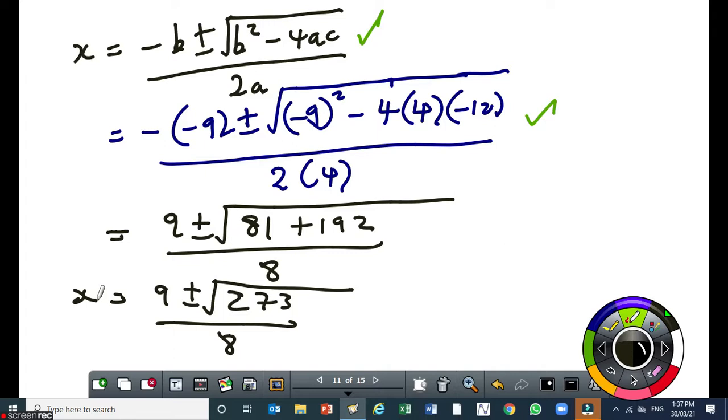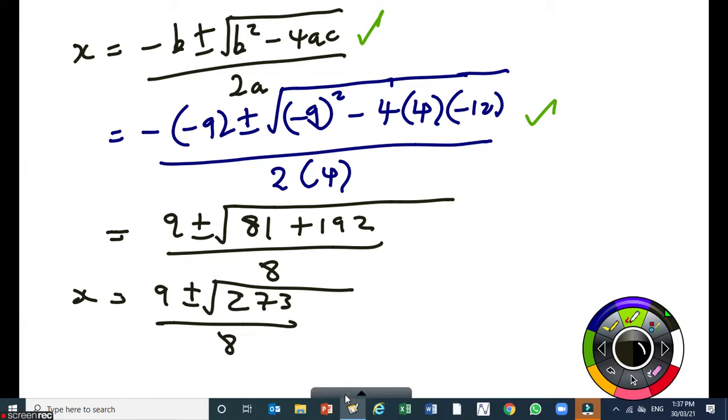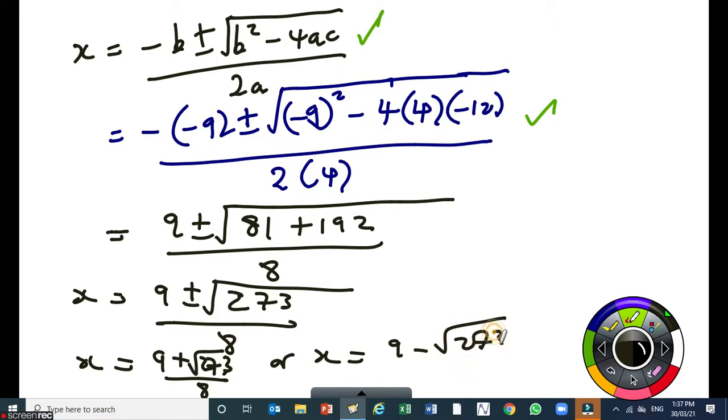So what will be the two answers? They say in surd form. So x is going to be equal to 9 plus the square root of 273 over 8, or x will be equal to 9 minus the square root of 273 over 8.